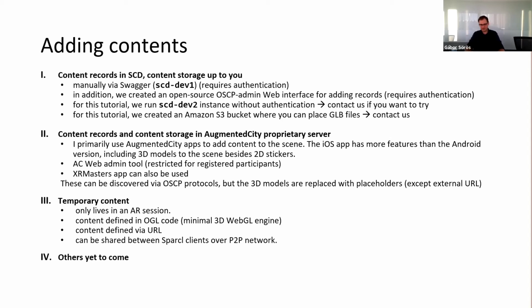This is usually what I do. I make a map with the AC mapper, then I take the AC objects tool and place some objects, then I switch to Sparkle, and I can discover what I just placed. Obviously, they will just be placeholders because Sparkle doesn't have access to the models that are baked into the Unity app of Augmented City. So this is what I recommend doing.